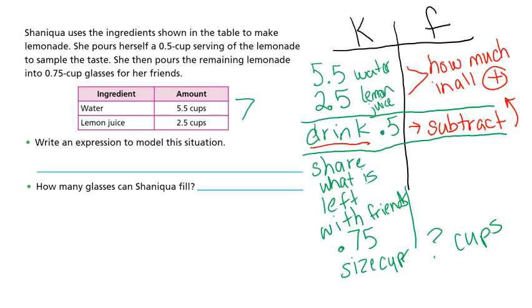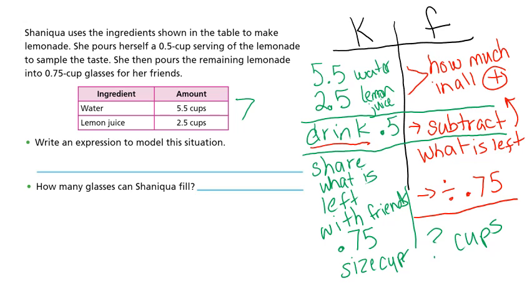Okay, and then that's going to tell me what is left, which I'm going to have to divide into 7/500th size cups. Oh my goodness. That's okay though. We can do this.